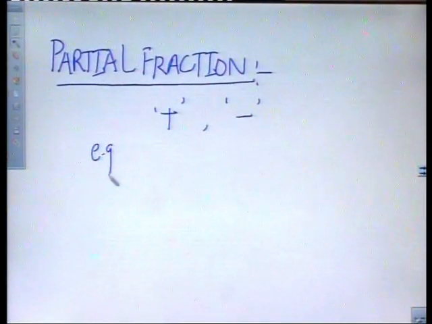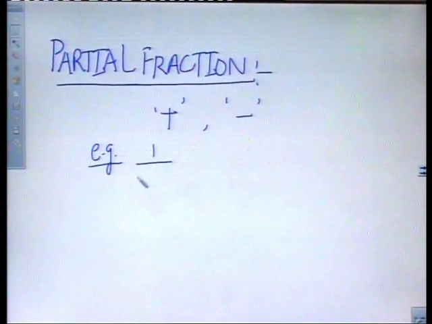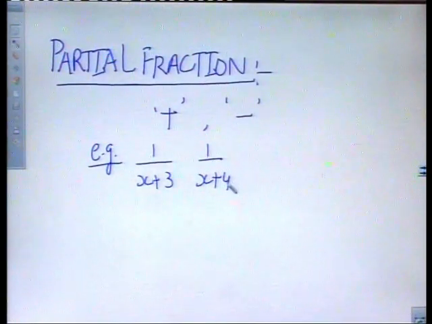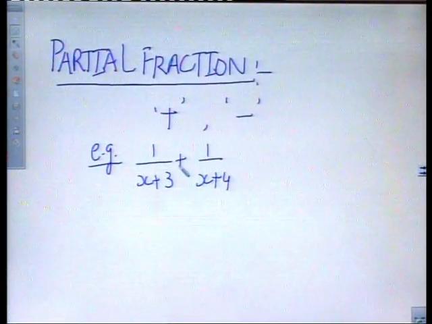For example, we have two simple fractions, 1 over x plus 3 and another fraction 1 over x plus 4. If we connect these two fractions with the plus sign, how will we solve it? We have already learned this. We do it by taking the LCM.